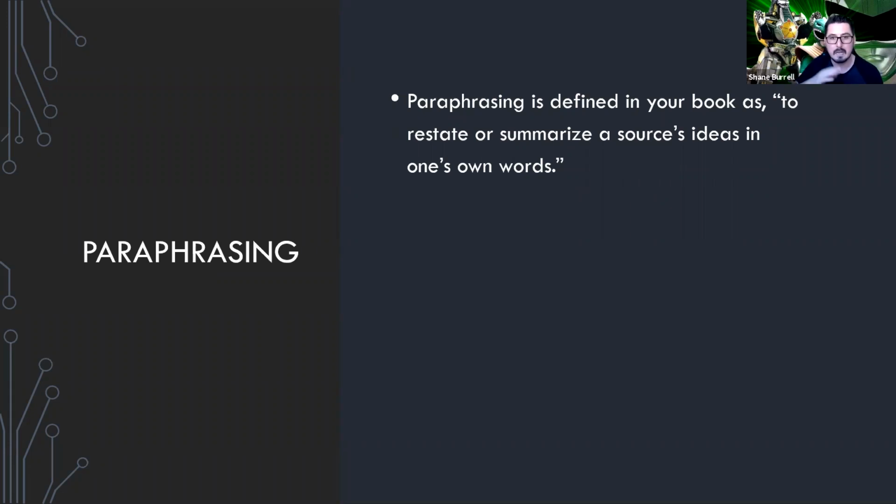We're just rewording it to make it sound more fluid within our own speeches or within our own essays and arguments, right? Because again, if you don't, it's plagiarism and not a good idea. So if there are questions about this, please email me and let me know, because I can clarify this as best as possible, but just keep in mind, I do place a lot of emphasis on this.